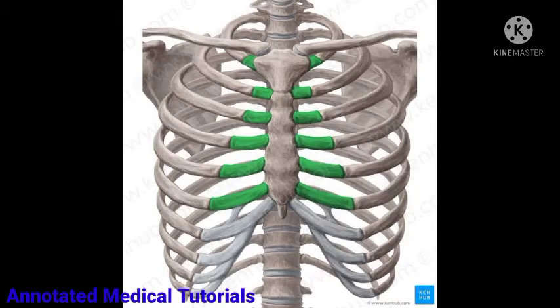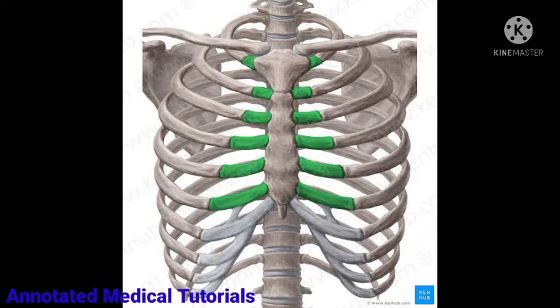It's called the angle of Louis, and it is of clinical significance when we want to find the apex beat of the heart. We start off counting the intercostal spaces from the angle of Louis. We know that the angle of Louis would be the position where we find the second costal cartilage, hence the second rib.